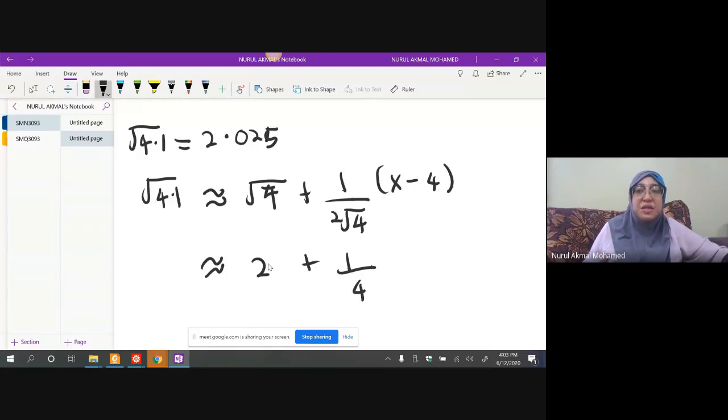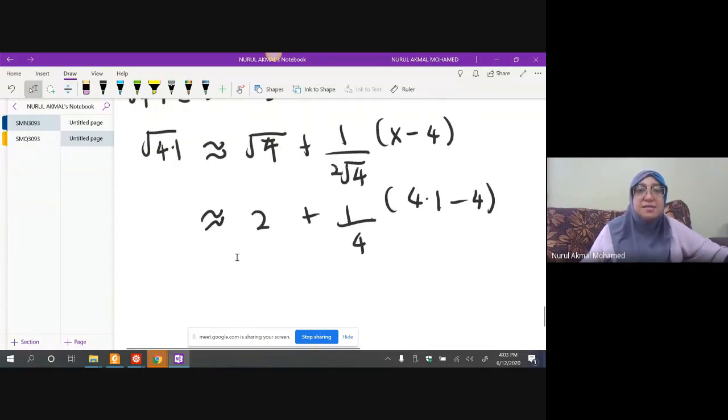So we have 4 here, and then here you have x, which is 4.1. So 4.1 minus 4. So the square root of 4.1 is approximately equal to 2 plus 4.1 minus 4 divided by 4. So 0.1 divided by 4.